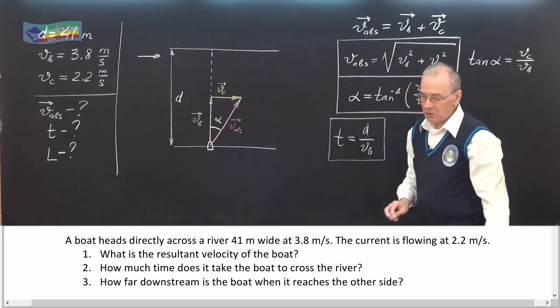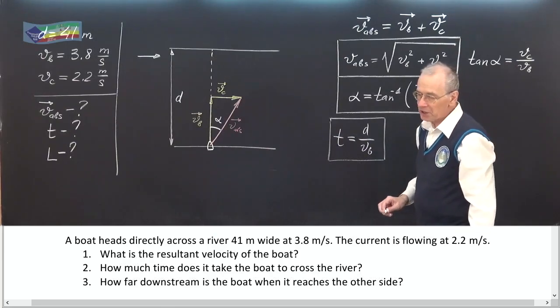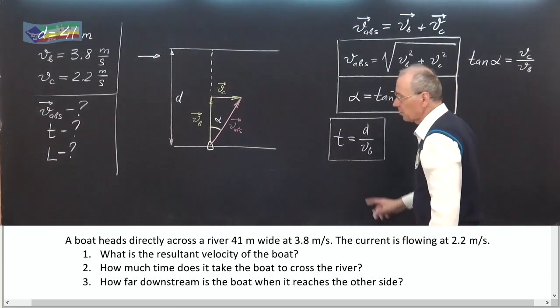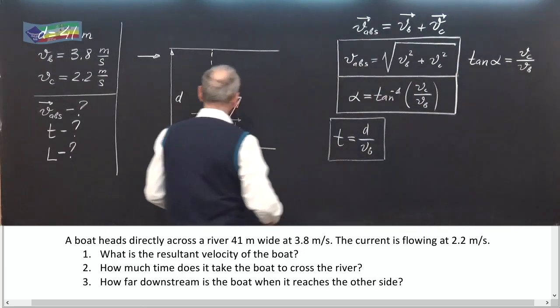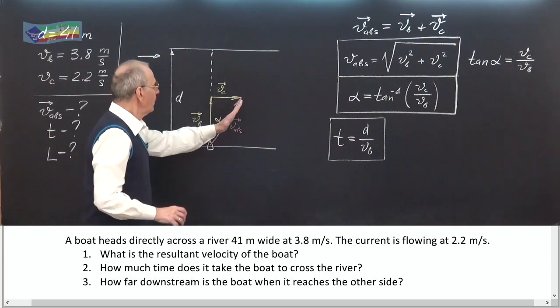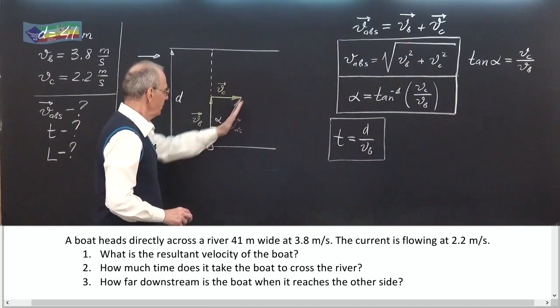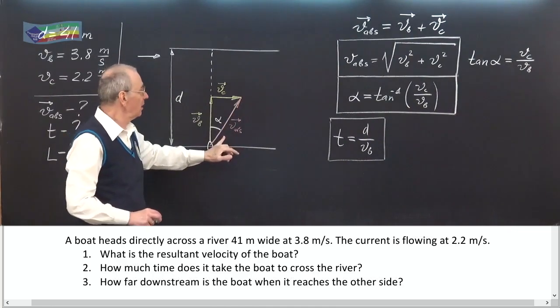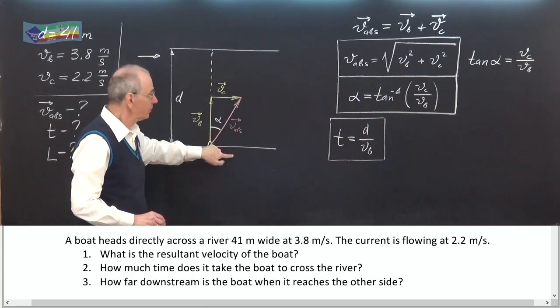And the last question, how far downstream is the boat when it reaches the other side of the river? Okay, this vector shows both magnitude and direction of the motion of the boat with respect to the Earth.